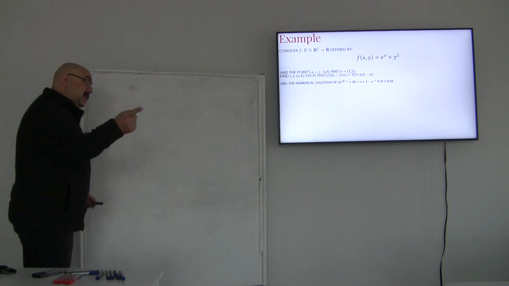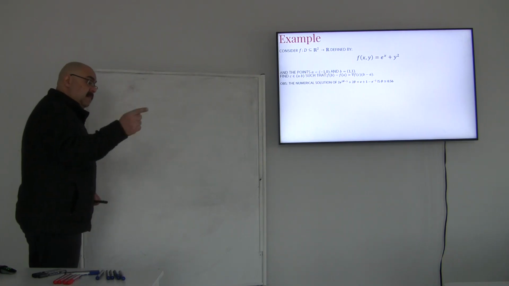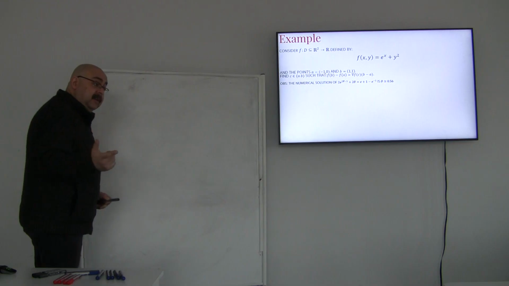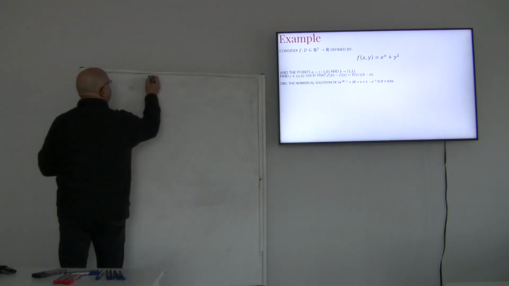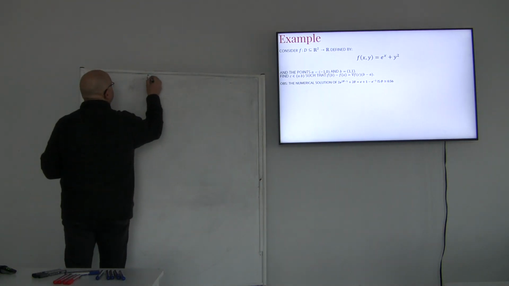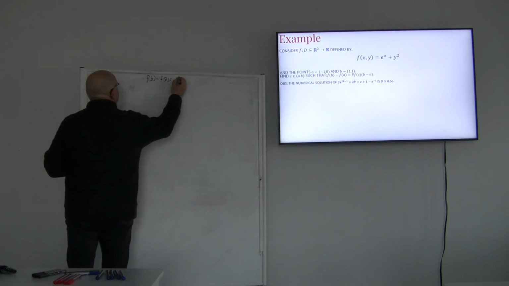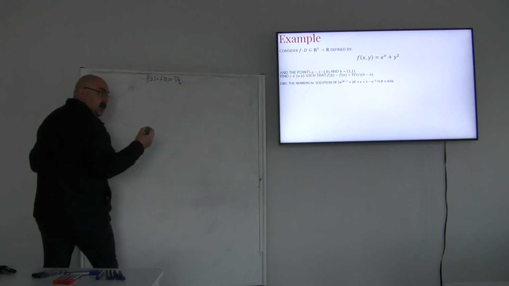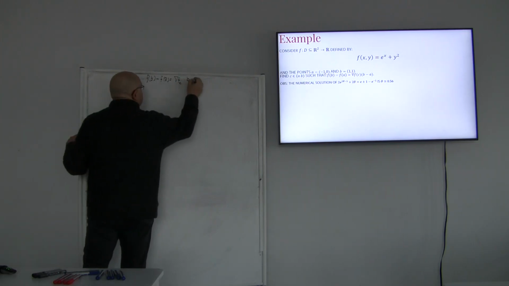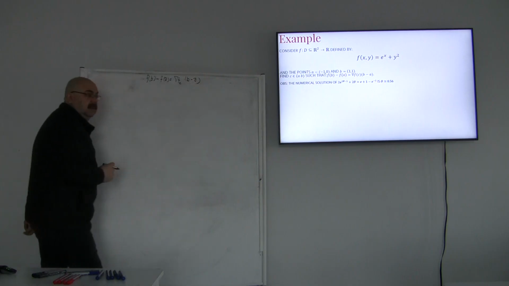First of all, let's write the MVT, the mean value theorem, which states f of B minus f of A will equal the gradient of f at some C times B minus A. This is the mean value theorem.